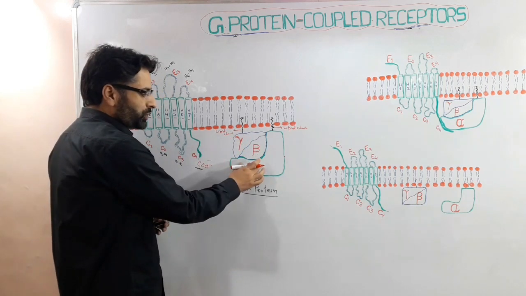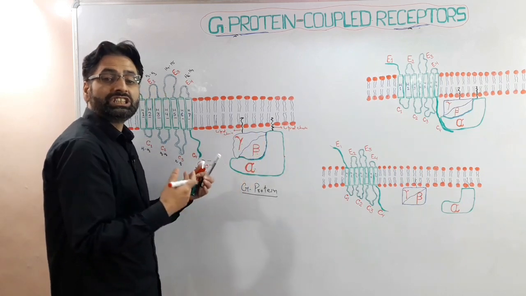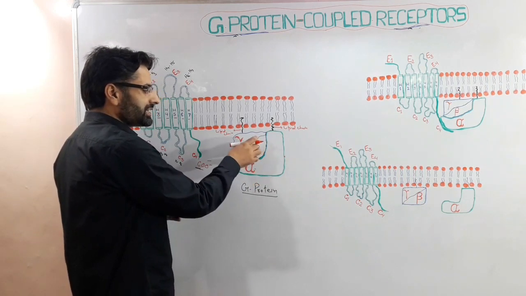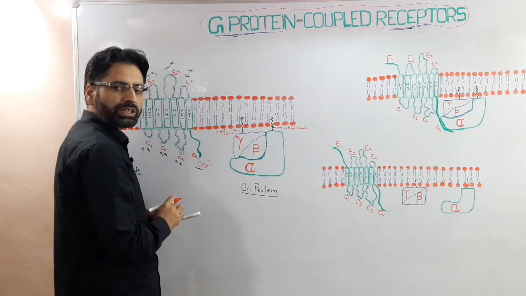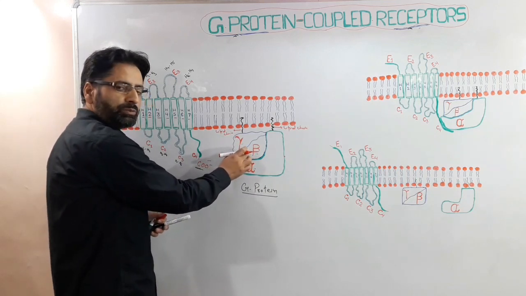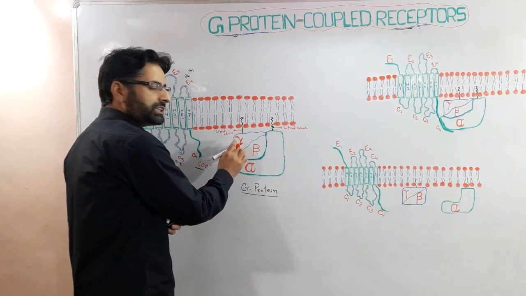This alpha subunit can dissociate from this complex when it is bound with GTP. When it is bound with GDP, it remains associated with the complex, with the other 2 polypeptide subunits. The gamma subunit and beta subunit always remain together. They never separate from each other.